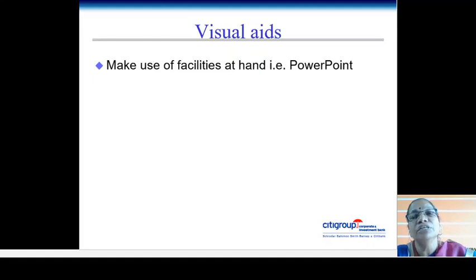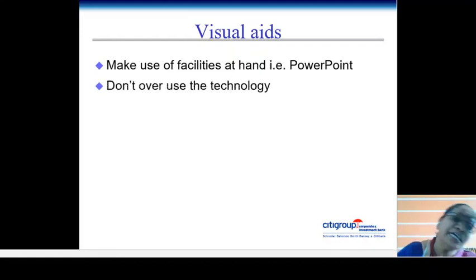Whenever we are using visual aids, there are a few points we have to consider. Make use of facilities at hand, that is PowerPoint. You have to use a PowerPoint presentation whenever you present anything, theory or practical.